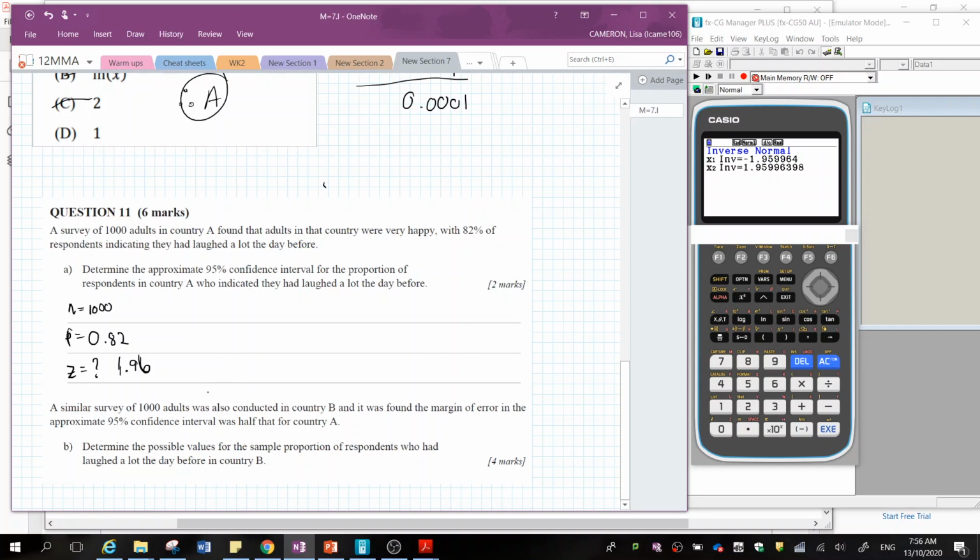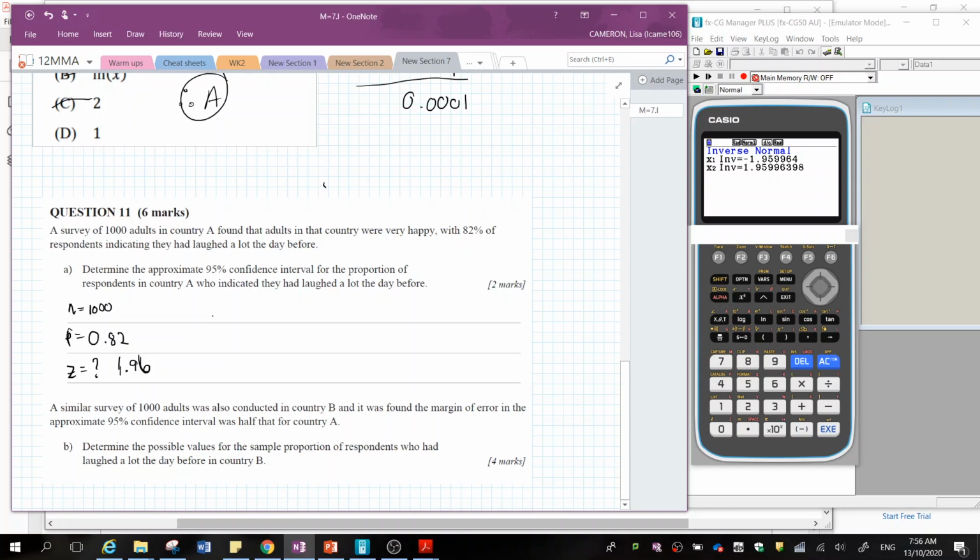Okay, so now I can look at my formula sheet and I can see that if we're looking for confidence intervals, we're given the formula there. Now, I'm not going to write out the formula. I'm just going to substitute straight into the formula because I don't really have the space here.